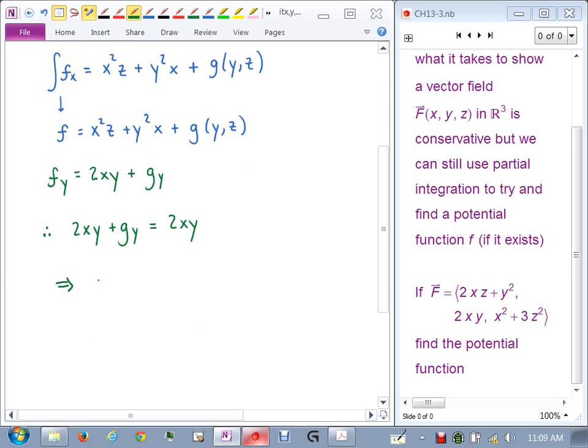That implies that the partial of g with respect to y must be what? 0. Do y'all agree with that? Partial of g with respect to y must be 0. Therefore, my partial of f with respect to y must equal just 2xy. Now what can I do here?